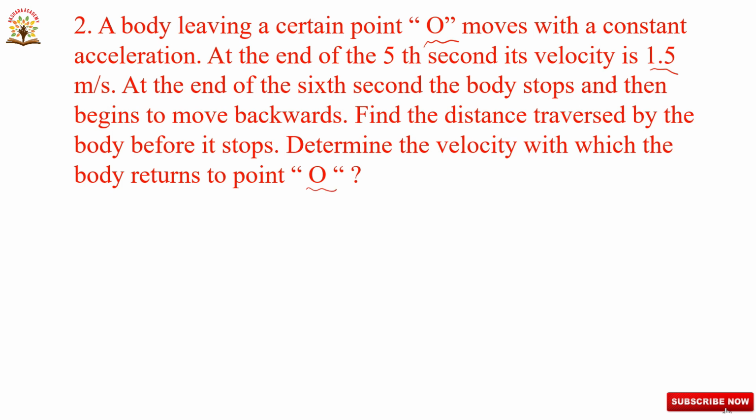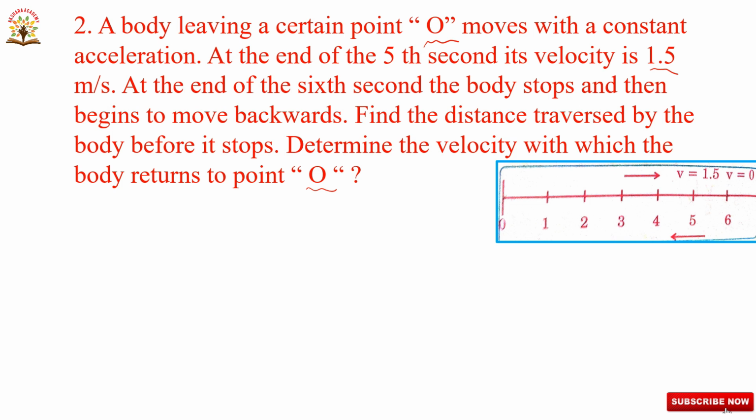Now let us discuss. This is the figure. Here a body is at a certain point O, and it moves with a constant acceleration. At the end of the fifth second, its velocity is, as given here, 1.5 meters per second.